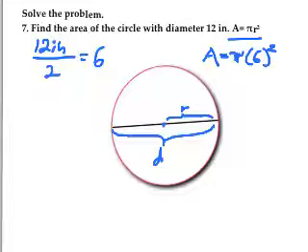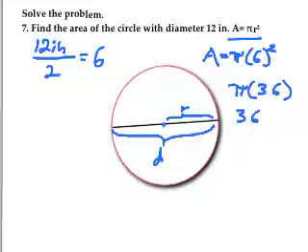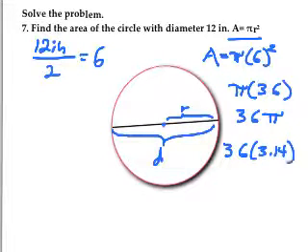So we have pi times 36, or we could call it 36 pi. And if we're going to use pi as 3.14, then we would go 36 times 3.14. And that's just an approximation.